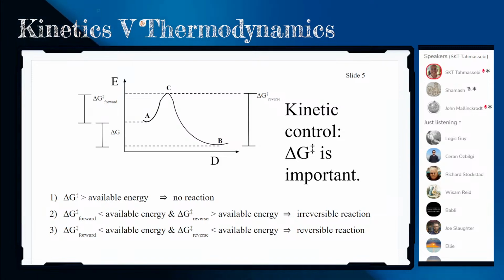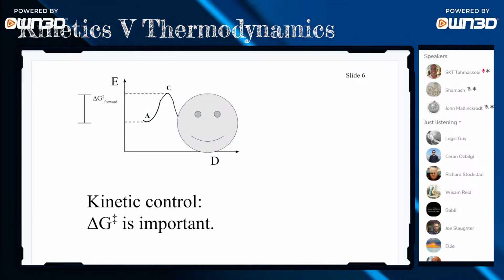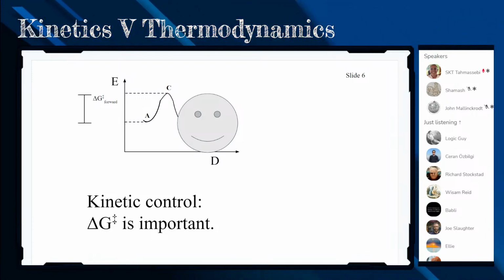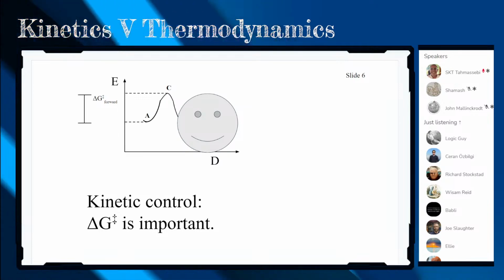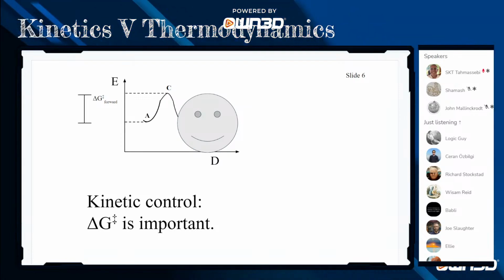So we've talked about delta G equals delta H minus T delta S, meaning that free energy is enthalpy minus the product of temperature and entropy. So how do enthalpy and entropy play a role in the delta G double dagger?